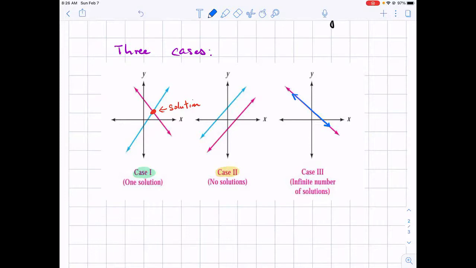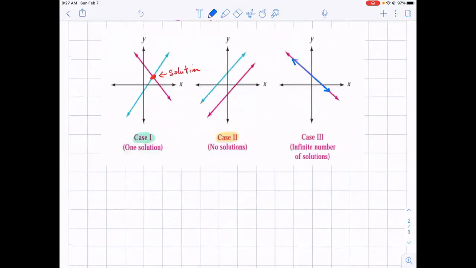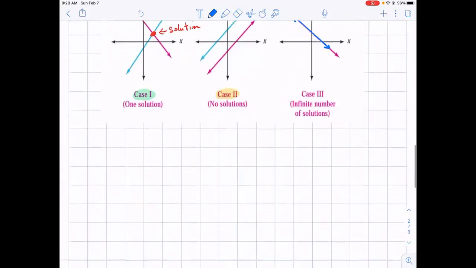So these are the only 3 cases that you will see when you solve a system by graphing. Okay.